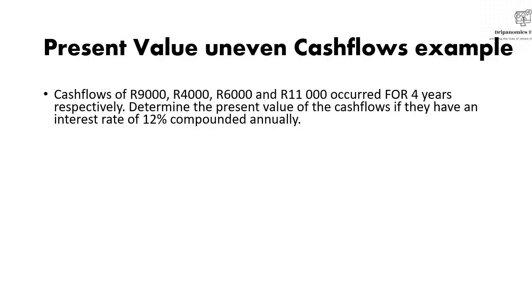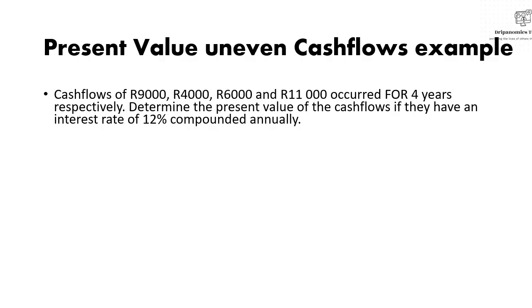Okay, so first part, you press 0 because we don't have a CFJ 0. So you press 0 and then you press CFJ. It's just told you on your calculator CFJ 0. And then 9,000 CFJ. It says CFJ 1. 4,000 CFJ, CFJ 2, 6,000 CFJ, CFJ 3, and then 11,000 CFJ, CFJ 4.